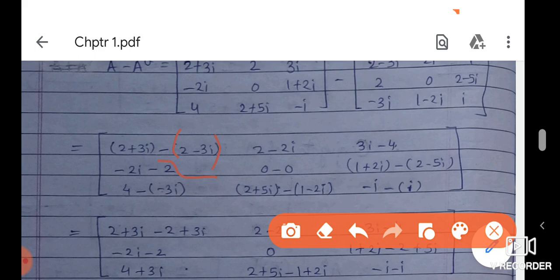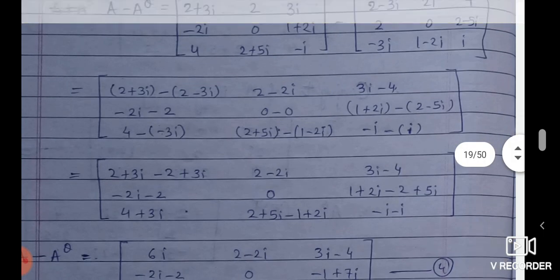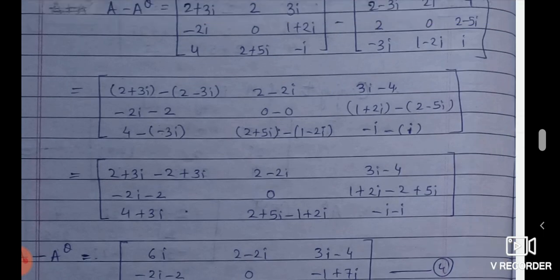So while subtracting, compulsorily put the brackets. If I open the brackets, what will we get? 2 plus 3i minus 2 plus 3i. So 2 will be cancelled out, 3 plus 3 will be 6i. So in subtracting also, just subtract the real term with the real term, imaginary term with imaginary term. So check the matrix that I have written.